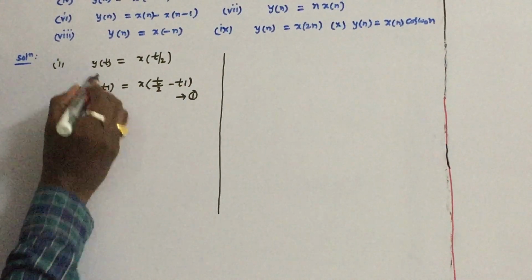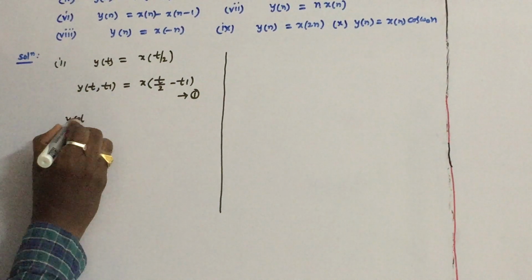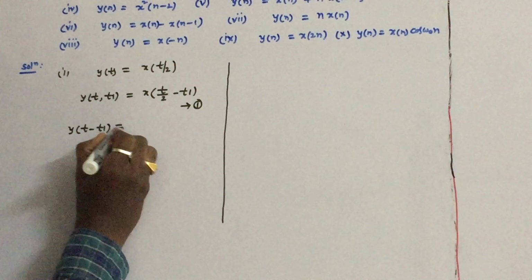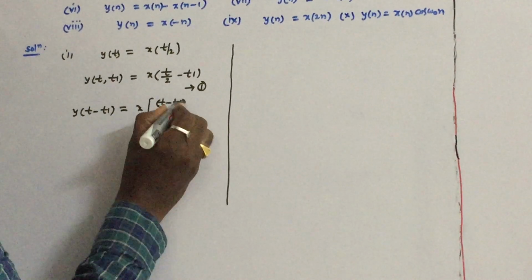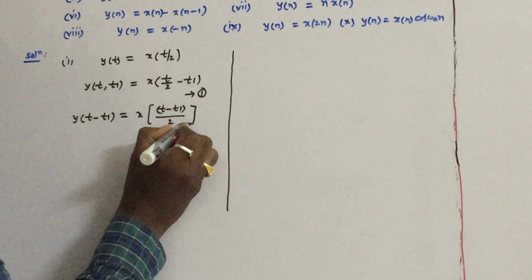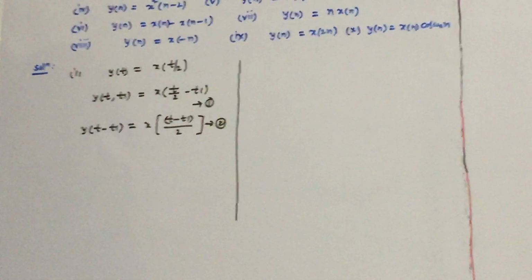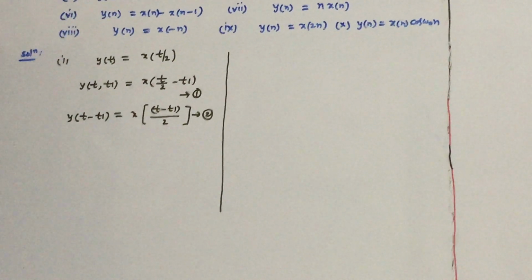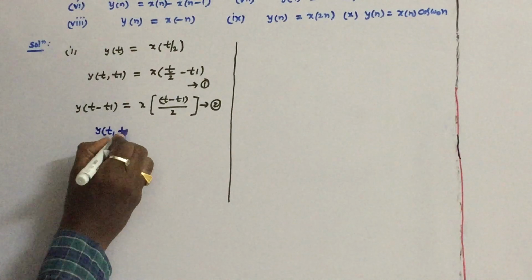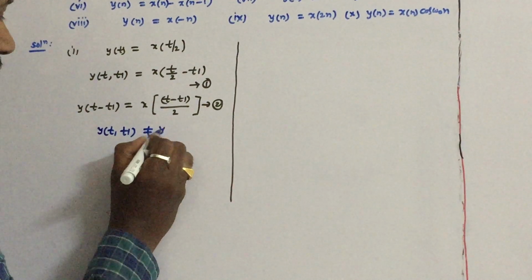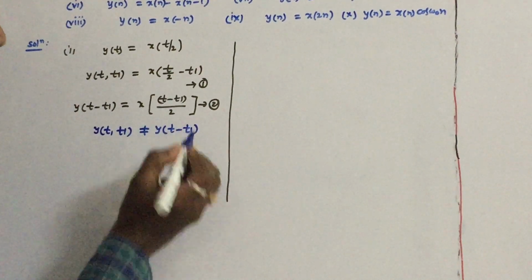Now, to shift the output, t is replaced by t minus t1. You can see that x of t minus t1 by 2 is equation 2. You can see that these two are not equal. So y of t comma t1 is not equal to y of t minus t1.